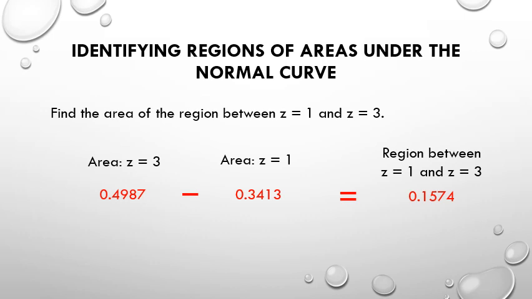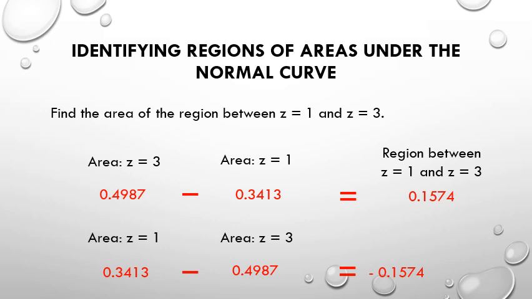Ma'am, pwede mabali? Okay, pwede mabali kaayo. So, pwede atong unahon ang area sa z equals 1, which is 0.3413. Then minus nato si area sa z equals 3, which is 0.4987. So, ang ilang difference, of course, is negative. Okay, gamay, minusan sa dako, di ba?